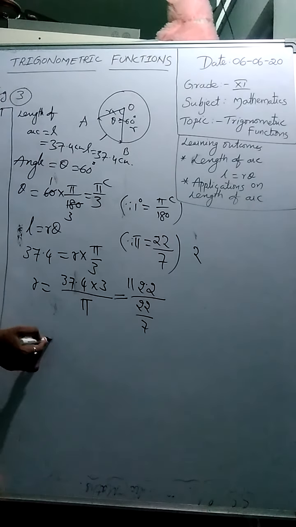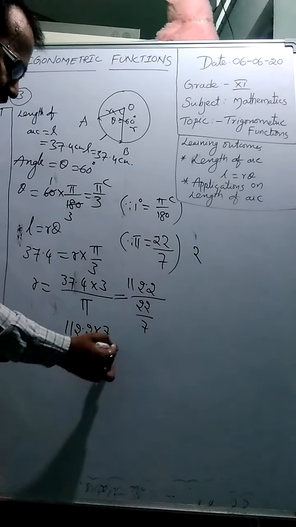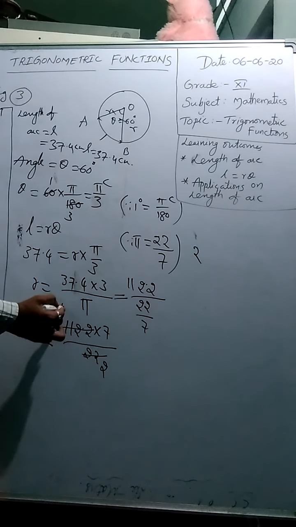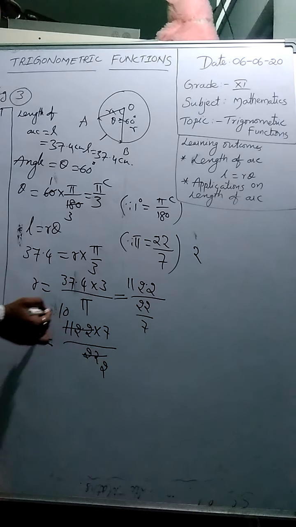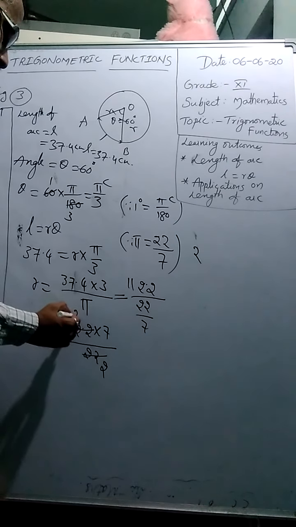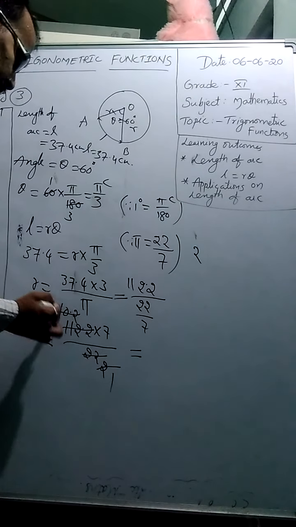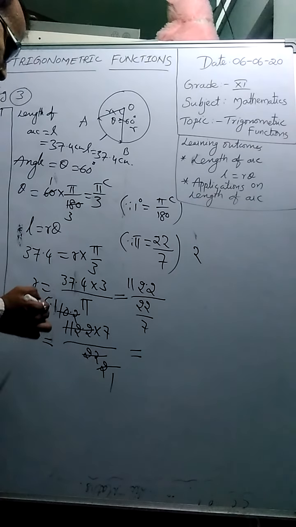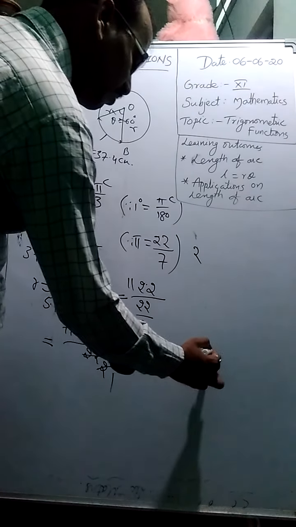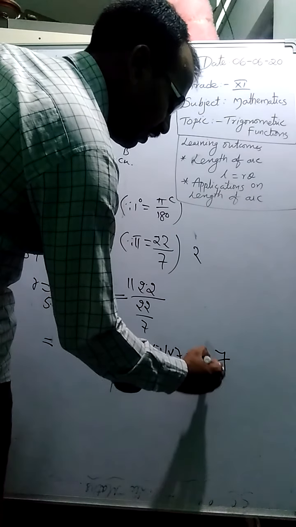So again we have 112.2 into 7 by 22. 11 ones are 11, 11 twos are 22, so taking the decimal point we get 10.2. If possible we can simplify again, 2 fives are 10, so 5.1 into 7, and 7 fives are 35.